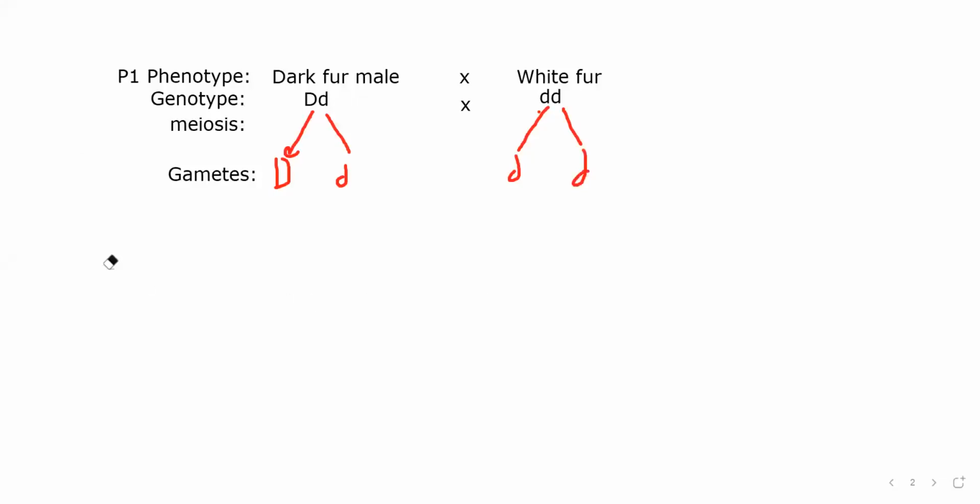Okay, so first, because this is a monohybrid cross, monohybrid because there's only one trait being taken into account here. And the trait we're looking at here is fur color. So it's a monohybrid cross.